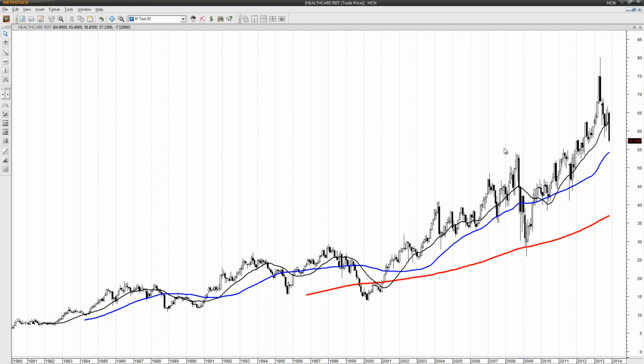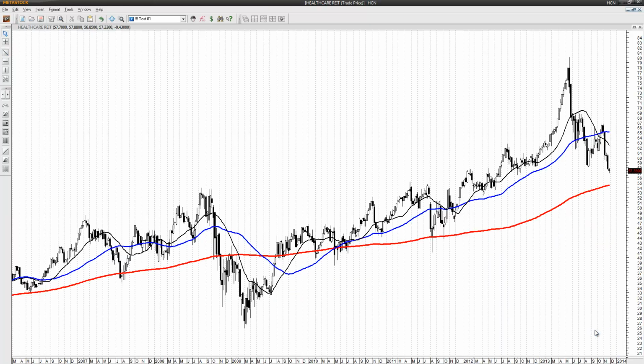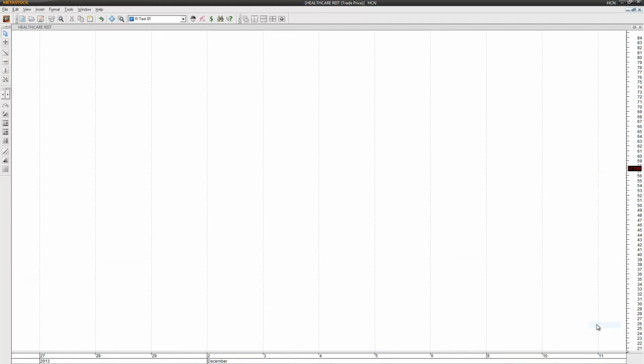Health Care REIT. You can probably see what I'm looking at is this trend line. Change to weekly. It's not followed. You can take daily.